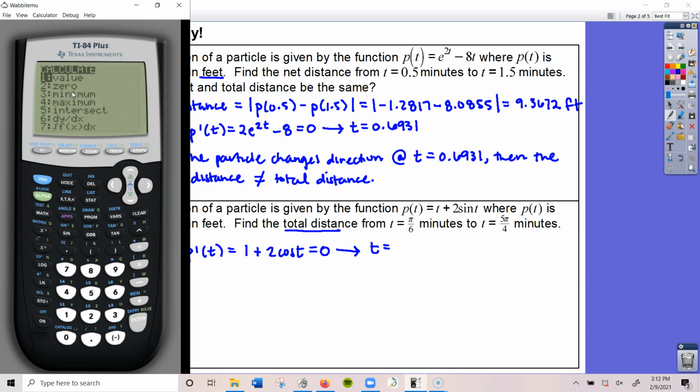So we'll go to second calc and find the zero. We go to the left of the zero. We go to the right of the zero. Guess. And we get a value of 2.0943.